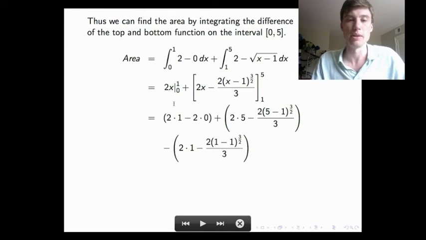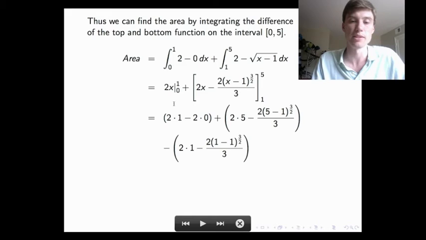Now we apply the fundamental theorem of calculus, evaluate these functions at the rightmost endpoint and subtract the function evaluated at the leftmost endpoint, and we have the following algebraic expression: 2 times 1 minus 2 times 0 plus 2 times 5 minus 2 times (5 minus 1) to the 3/2 over 3 minus 2 times 1 minus 2 times (1 minus 1) to the 3/2 over 3.